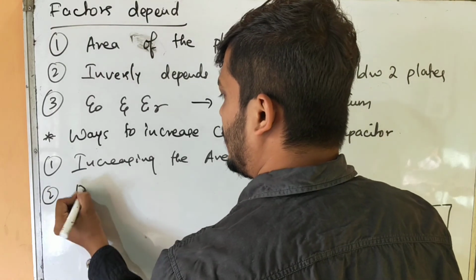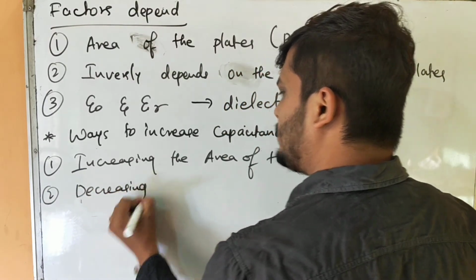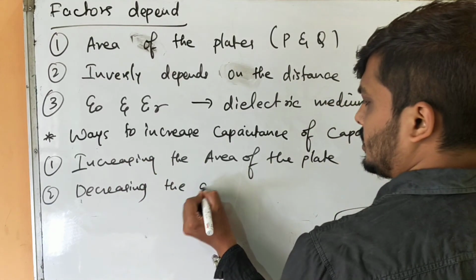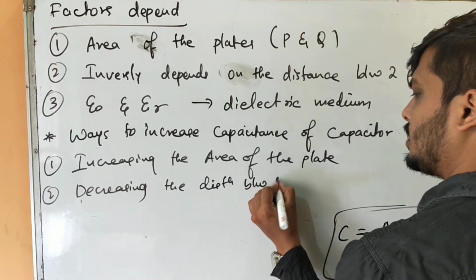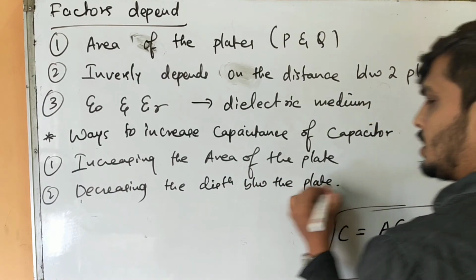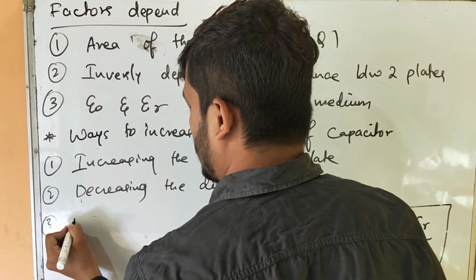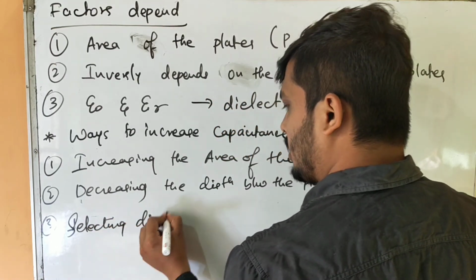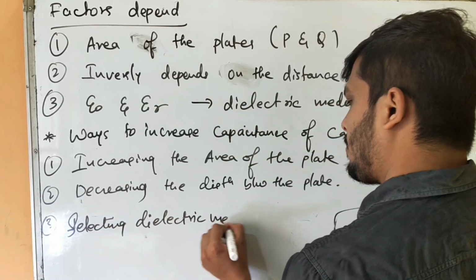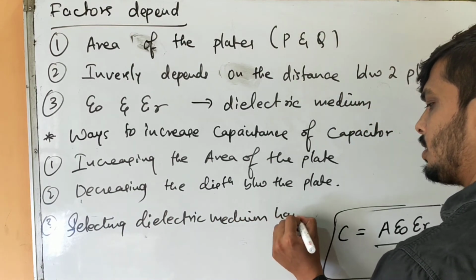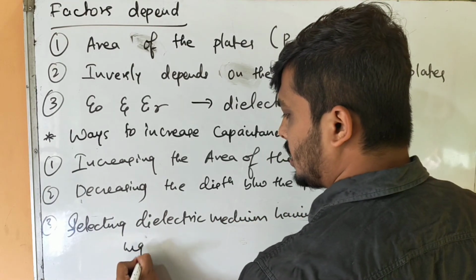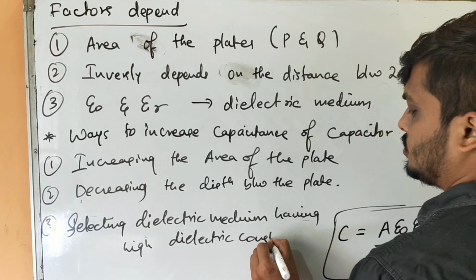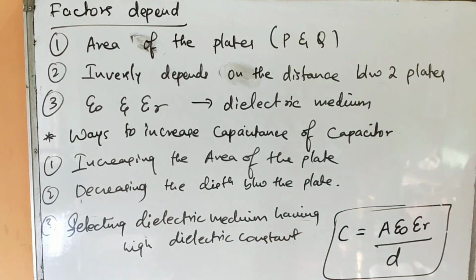Second, by decreasing the distance between the plates, because sometimes you'll be asked the question in this way also. And third, by selecting a dielectric medium having a high dielectric constant. Just note it down.